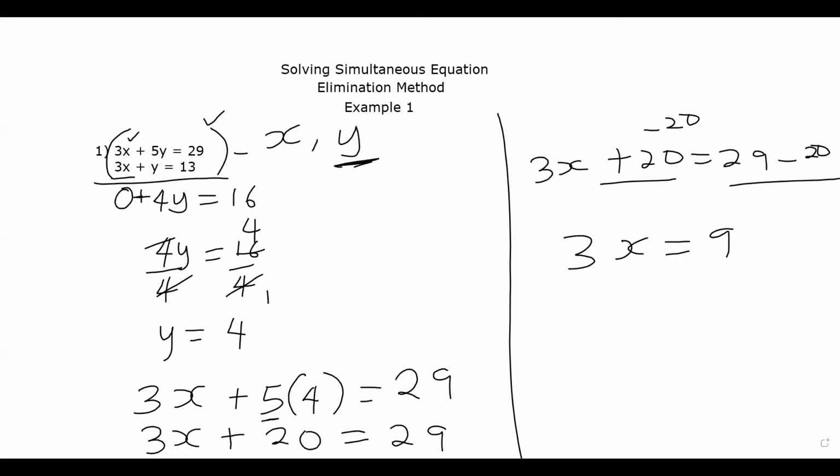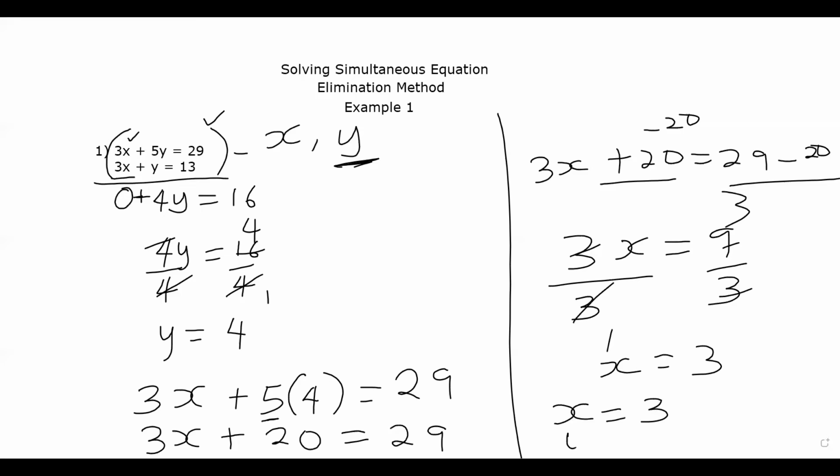Okay, so we divide by 3 on both sides, so we get x as 3. So we've gotten x equals 3, y equals 4. And that's how you solve simultaneous equations.